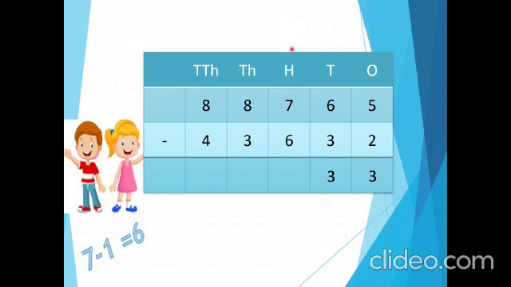Moving to the 100's column, 7 minus 6 is 1. Moving to the 1000's column, 8 minus 3 is 5. Moving to the 10,000's column, 8 minus 4 is 4. So the difference is 45,133.